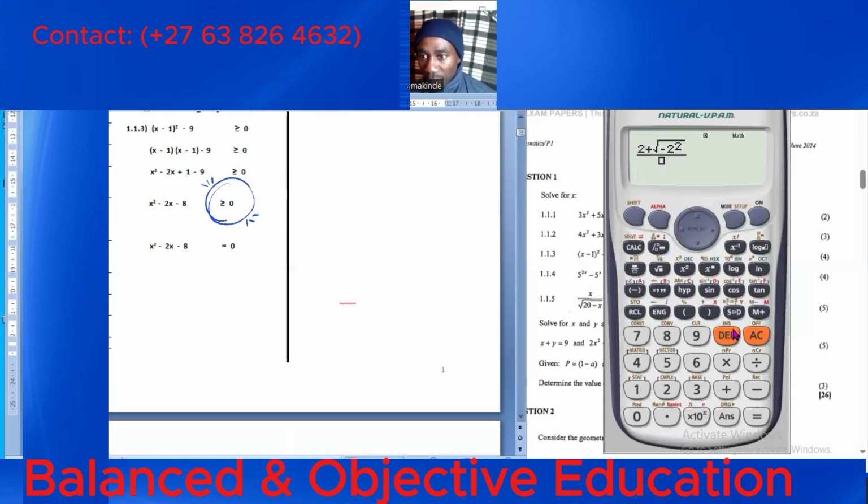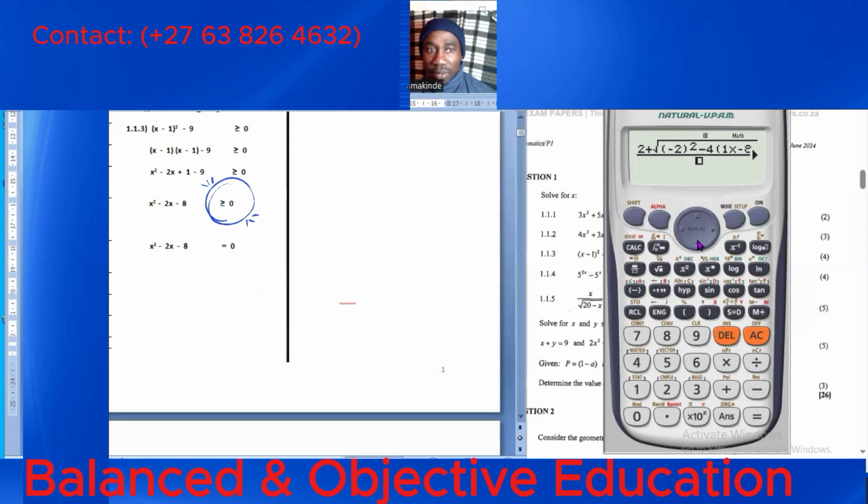So I'll just delete this. I'll put this in a bracket, -2, then I bracket it, then squared. Then -4 multiplied by, then we have a, our a there is 1, then times c is -8. Use this -8. Then I close the bracket.